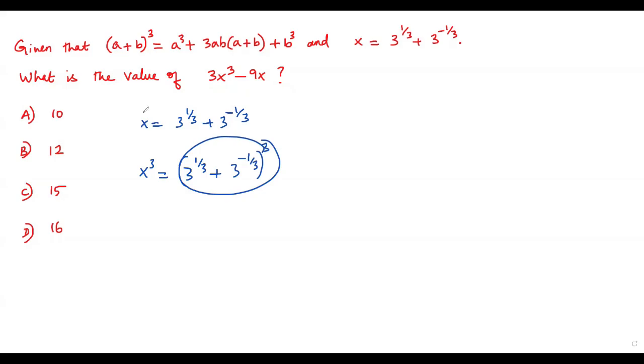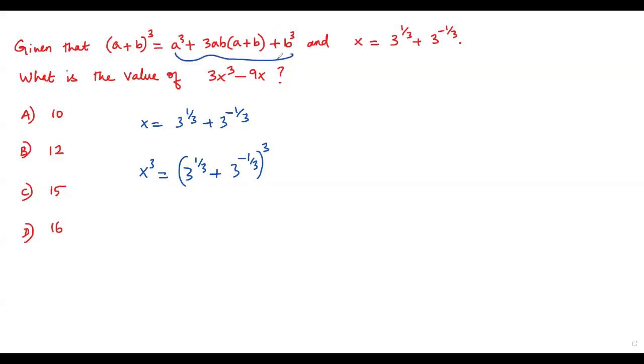Now it is in the form of (a + b) whole cube. In the place of a we have 3^(1/3), and in the place of b we have 3^(-1/3). To get the expansion of the cube of this binomial, we can use this identity.